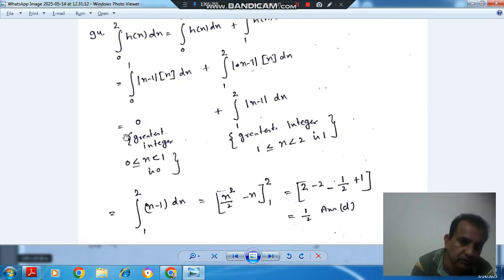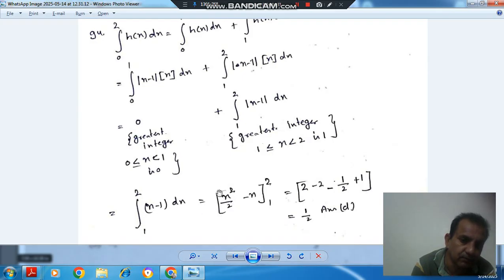Now this term has been made 0, and this term we can take and integrate, because x minus 1 will be positive if we put the values of x as 2 and 1. So we can omit this modulus. This will be x minus 1 dx, with limit 1 to 2.